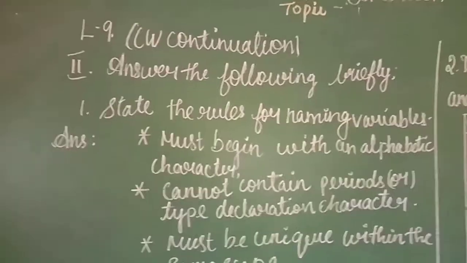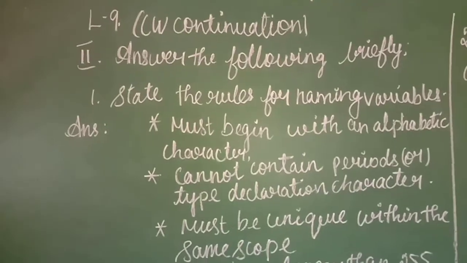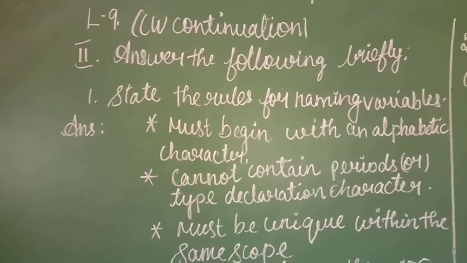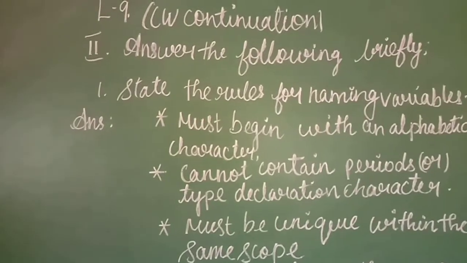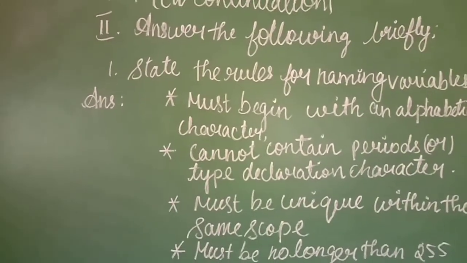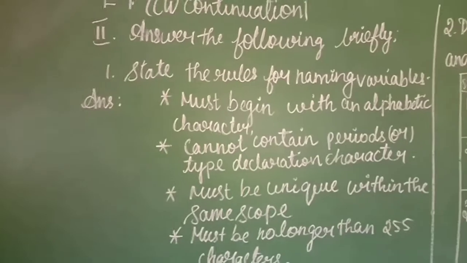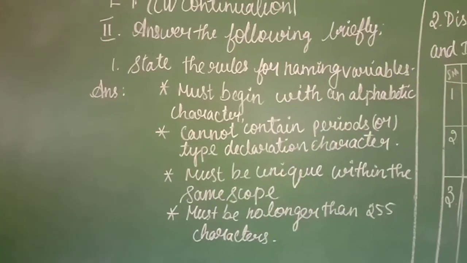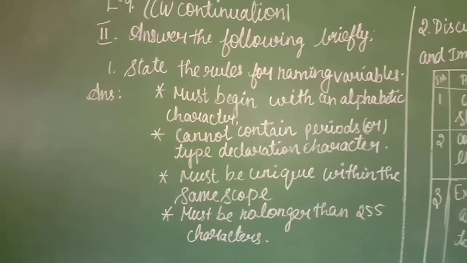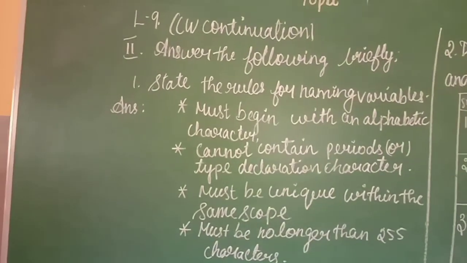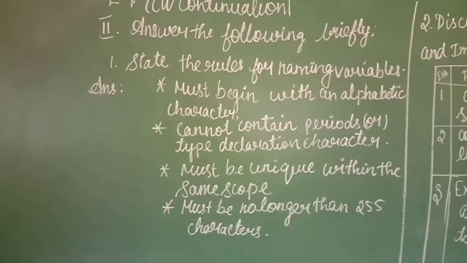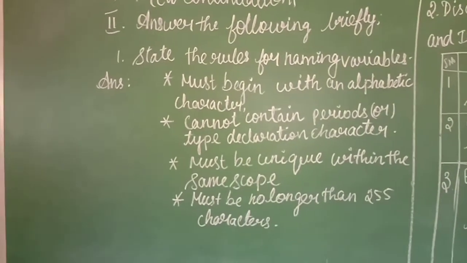Okay. Here, children, in the last video, that is in chapter number 9, we missed the classwork part. That is the answer the following in brief. We wrote answer the following, but the brief answer we missed out. So that continuation part I am showing now. I request everyone to continue the second main in that chapter. Okay. Second main is answer the following briefly. First question.